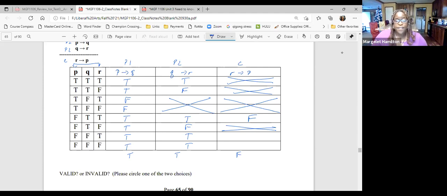But if we want to go ahead and finish it off, just to finish it, here's T to F. Here's another bad row right there. And then down here, nope, this gave me a T. Didn't have to worry about that one. So I got a bad row right here, and I have a bad row right here. Now, all you need is 1 bad row, and that tells me invalid.